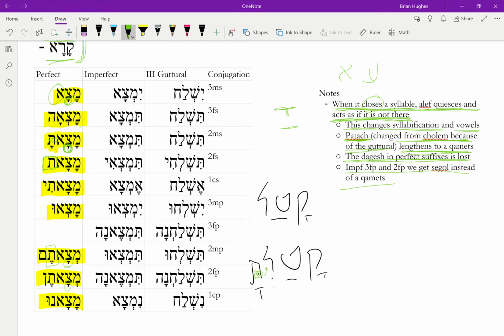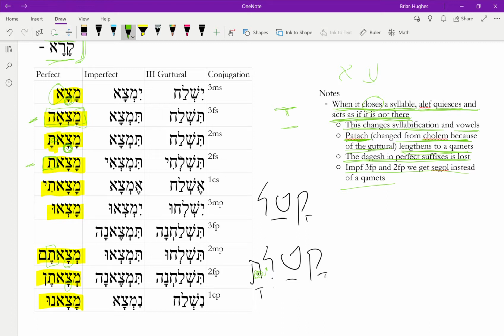So again, all of this is because the aleph is just saying act as if I'm not here, and so the verb has to respond accordingly. Not incredibly hard to parse because you still have the suffixes there. Probably the third feminine singular might be the hardest, just recognizing it as a verb and not a feminine noun.